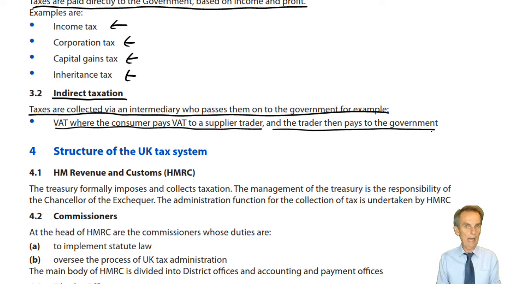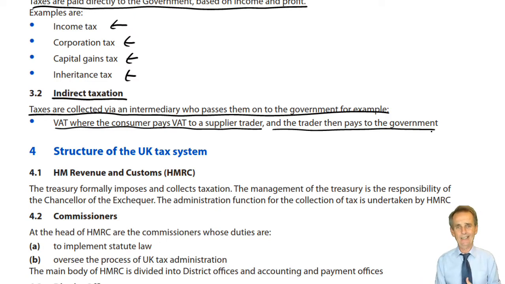Now, what a trader will have, of course, is collected amounts of VAT paid by their customers. They collect the money in, they sell me the product for £120. Of that 120, £100 is theirs, £20 belongs to Her Majesty's Revenue and Customs.